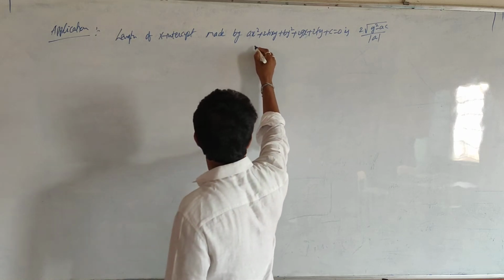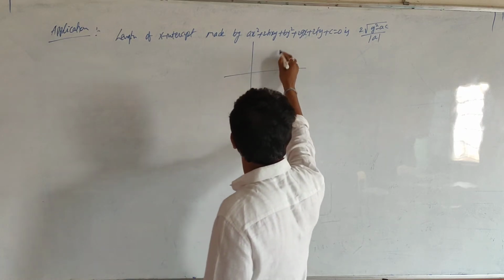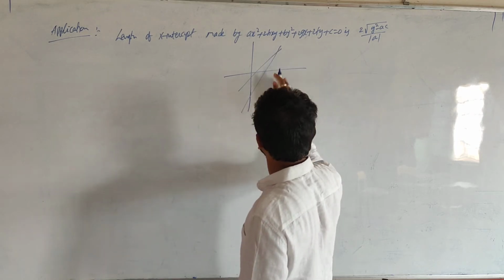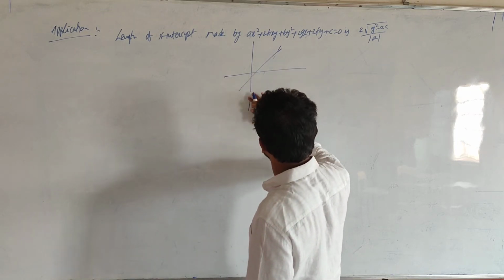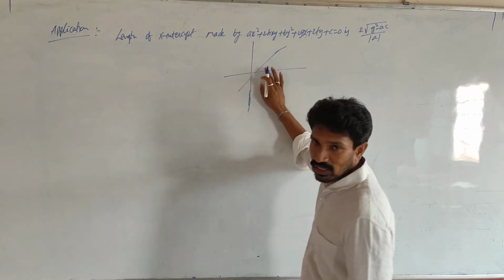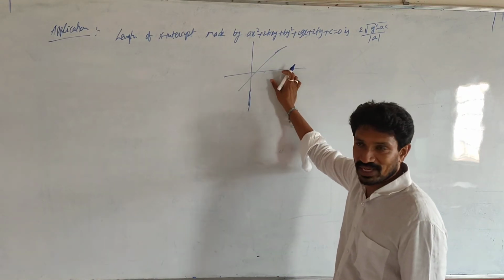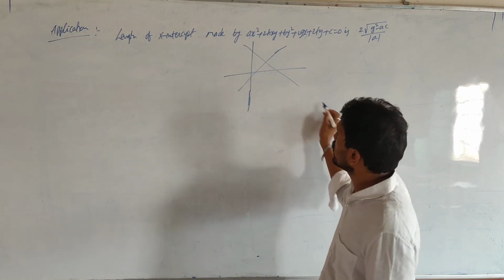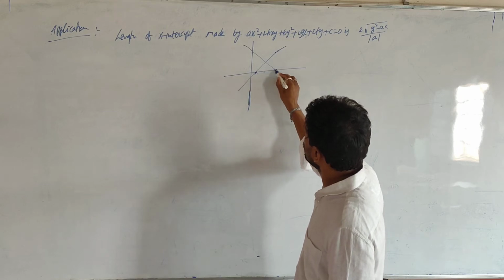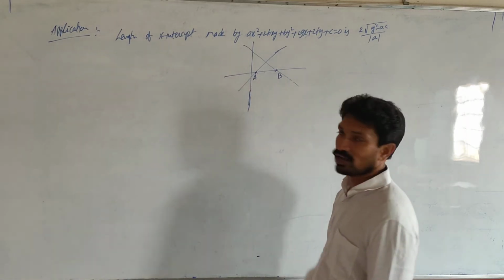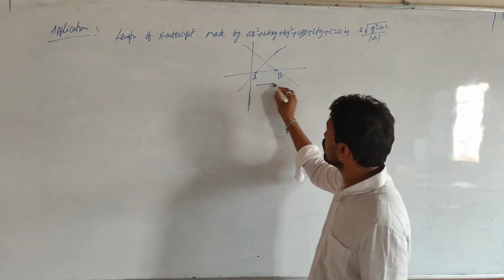Let us take these are the pair of straight lines. For our convenience I am writing it. Don't say always it is passing through the positive x-axis and negative y-axis. Maybe like this also, second line. Okay. So here this line intersects the x-axis at A, this line intersects at B. Now we have to find the length of AB.